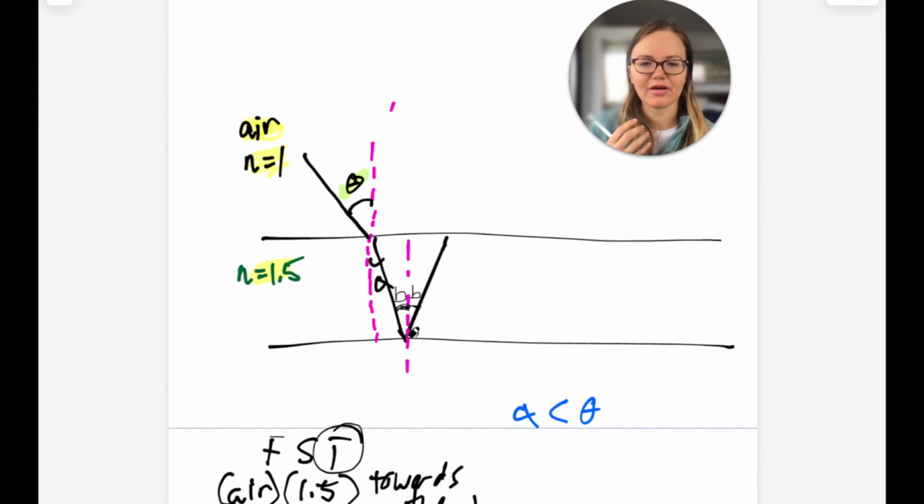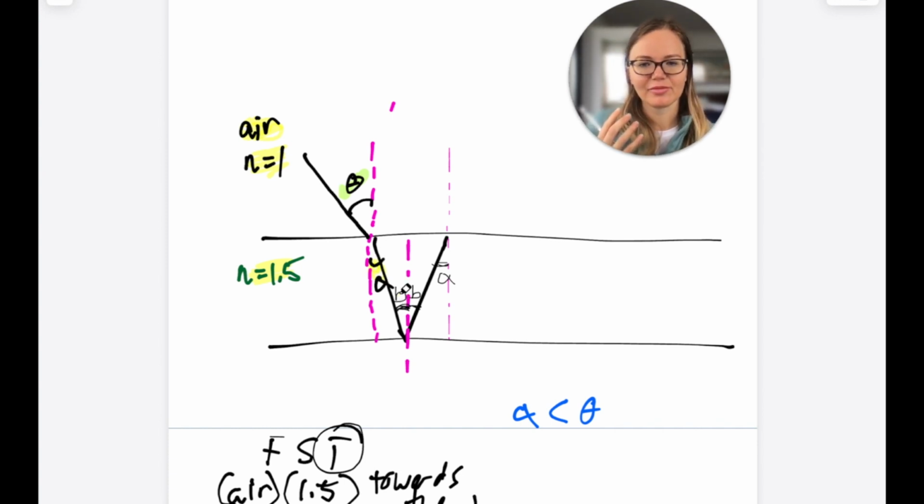Okay, so then when this reflected ray goes back up towards the original surface, the transition between the medium with a 1.5 index of refraction and the air. So if we draw another normal here, perpendicular to our surfaces, then we know that this angle here must be alpha, right? It's got to be the same as this angle over here. So what do you notice? Well, this angle was alpha when it went from our air into our new medium.